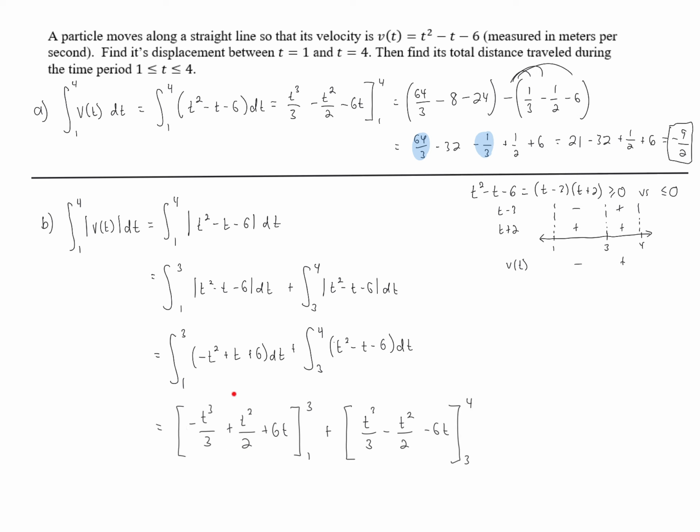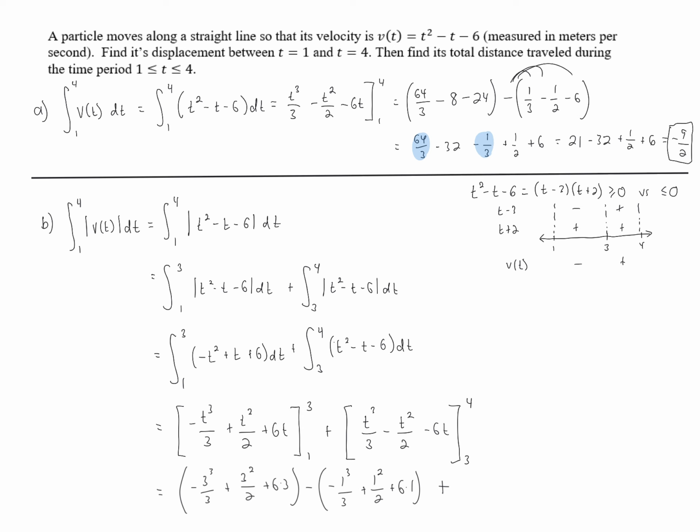And so you need to evaluate this first one at 3 and then subtract what you get when you plug in 1. So this is going to be negative 3 cubed over 3 plus 3 squared over 2 plus 6 times 3, minus the same thing with 1 inside, negative 1 cubed over 3 plus 1 squared over 2 plus 6 times 1. And then we need to add this second part.